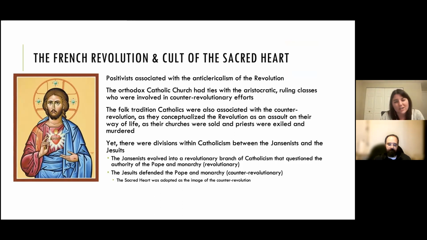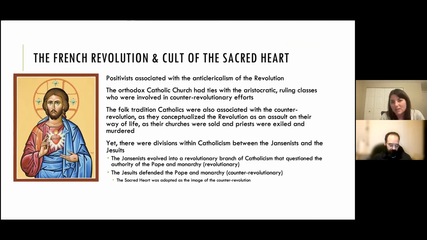Whereas the folk tradition Catholics were probably also associated with the counter-revolution, as they understood the revolution as an assault on their way of life, as during this time the churches were sold, priests were exiled and murdered. And additionally, there were the promises of the bourgeois who rose up against the monarchy because of these perceived social and economic inequalities.